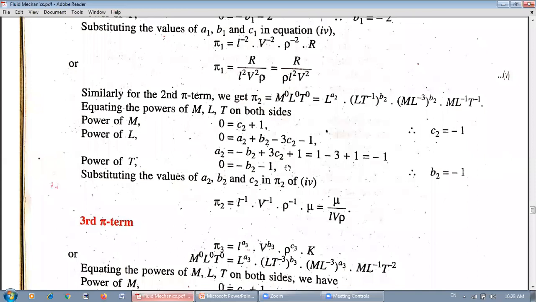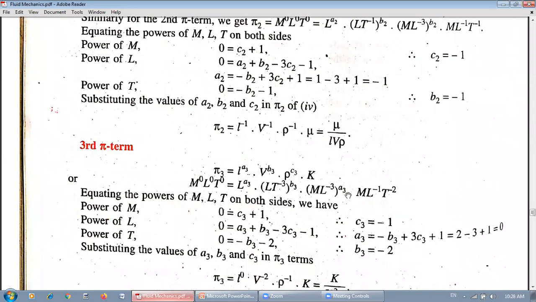So A2 is equal to minus 1, C2 is equal to minus 1, B2 is equal to minus 1. Now pi2 is equal to L raised to minus 1, V raised to minus 1, and rho raised to minus 1 into mu. So you can write the equation for pi2 is equal to mu divided by L V rho.